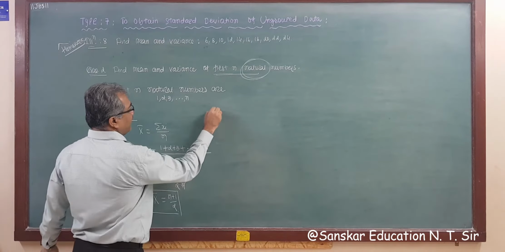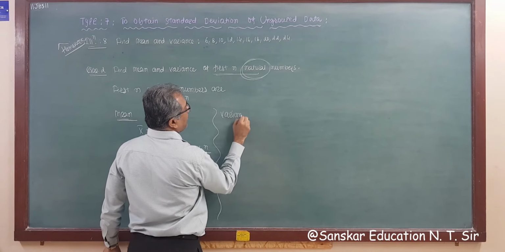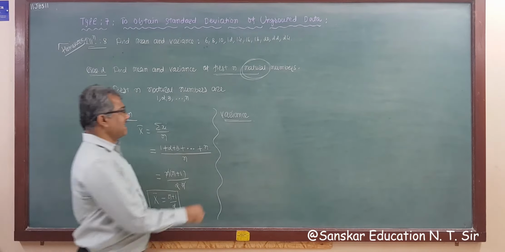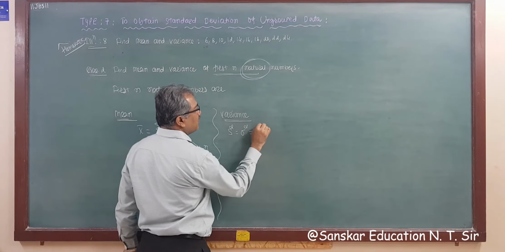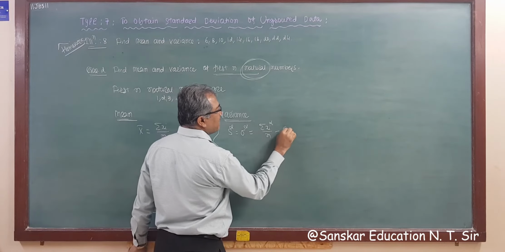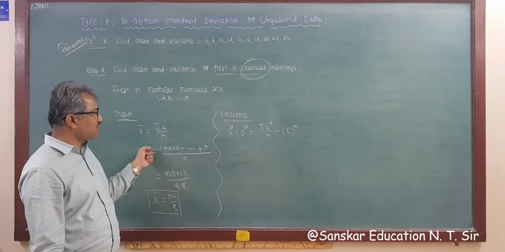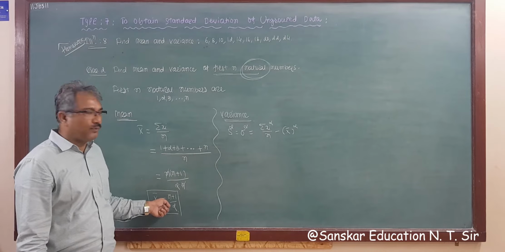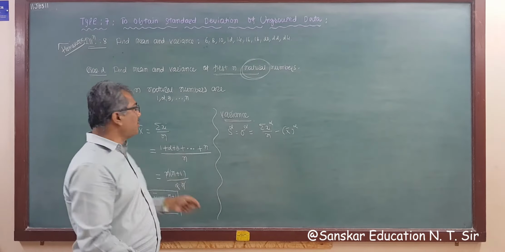So now the variance. For variance, sigma square, or s square, is equal to sigma xi square upon n minus x bar whole square, because x bar is sigma xi upon n, whole square, and we got the answer that x bar is n plus 1 by 2, right? Now sigma xi square means the sum of the squares of the observations.